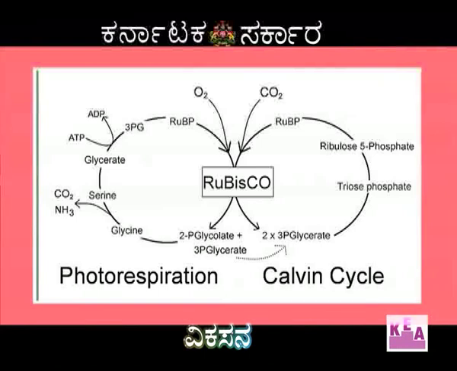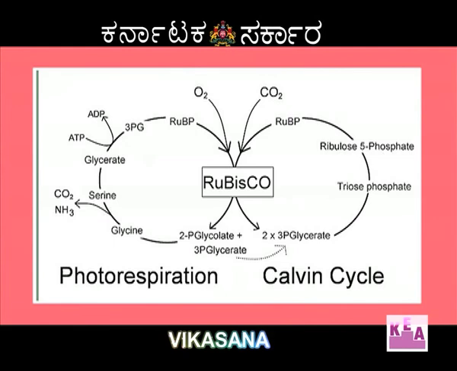Then where is it taking place? It is taking place in C3 plants. What time is it taking place? It is taking place when the concentration of carbon dioxide is low, when the temperature as well as sunlight is more. Why is it taking place?